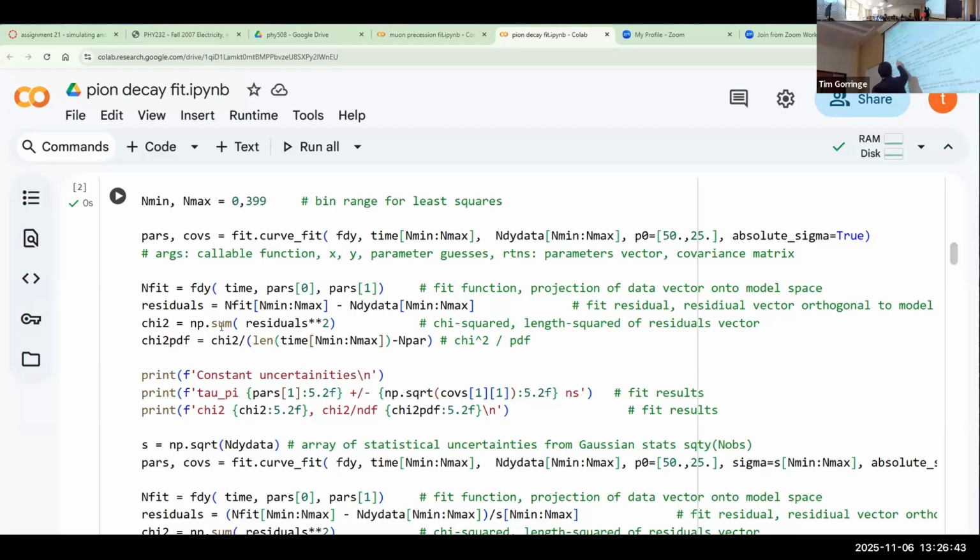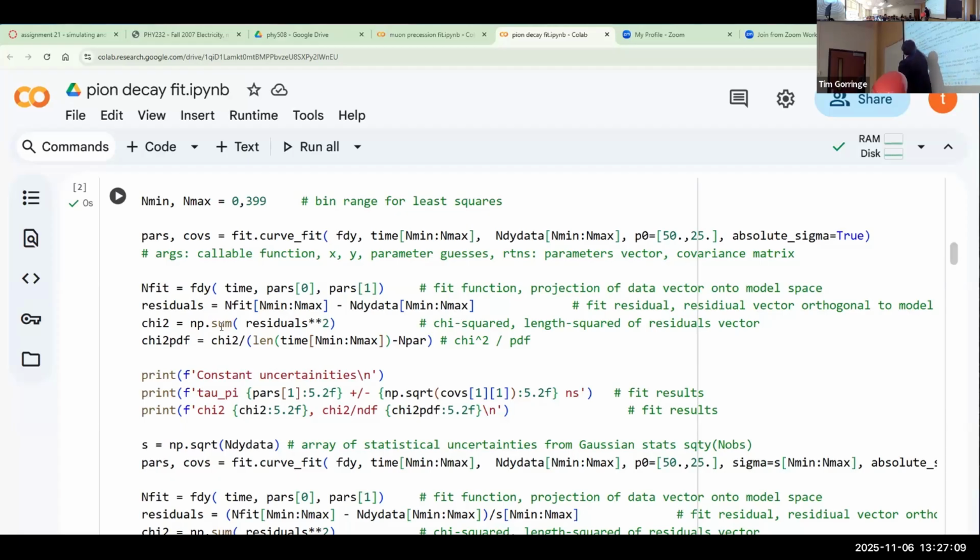After I do the call to curve fit, I'm going to calculate these things each time. I can call my user function, it was fdy, with my time array. And what it will return is the best fit data. The curve fit is done using the best fit parameters.